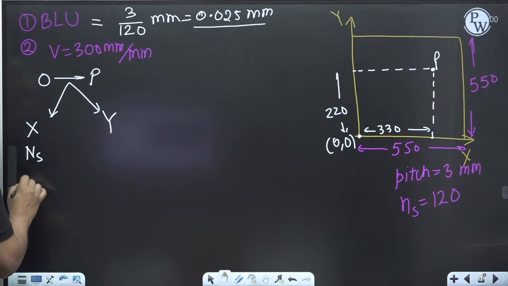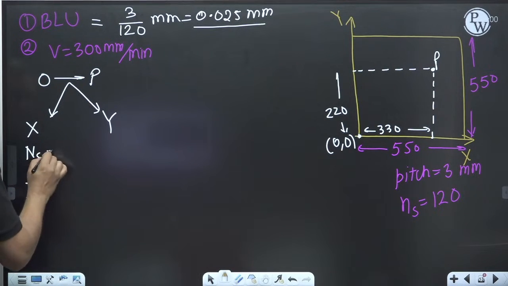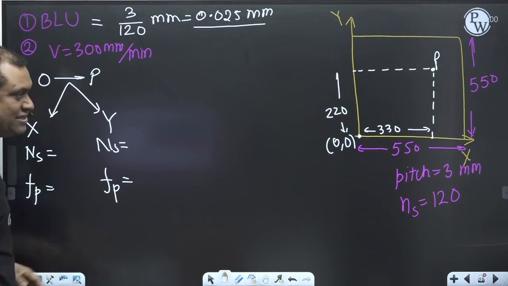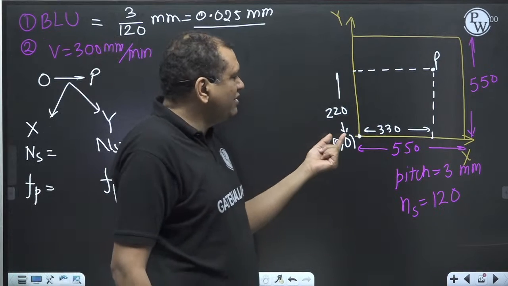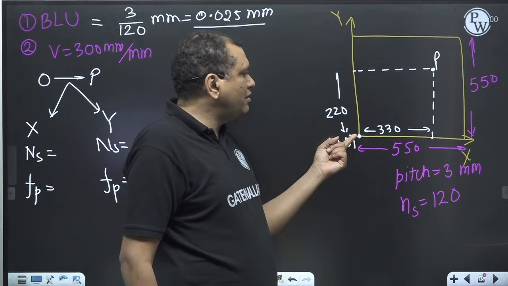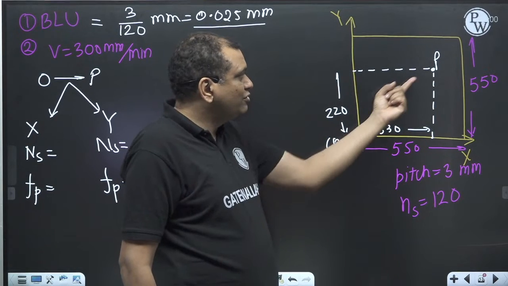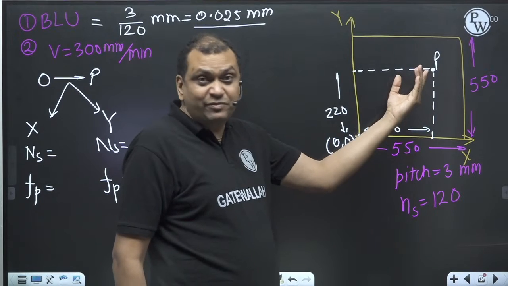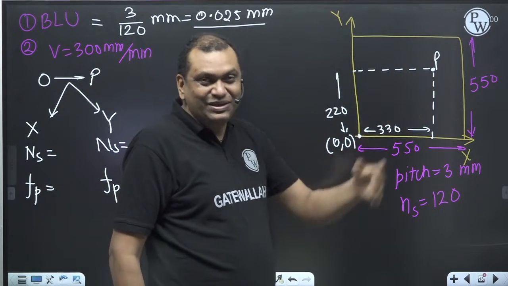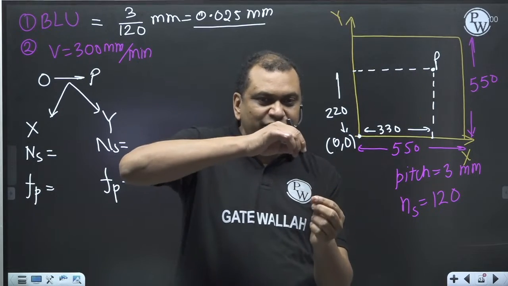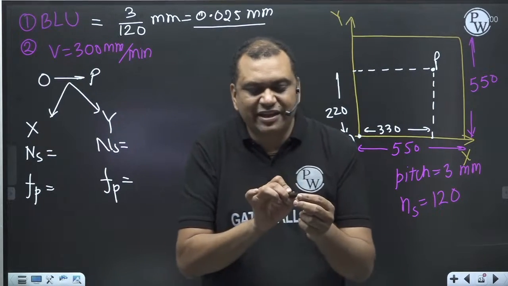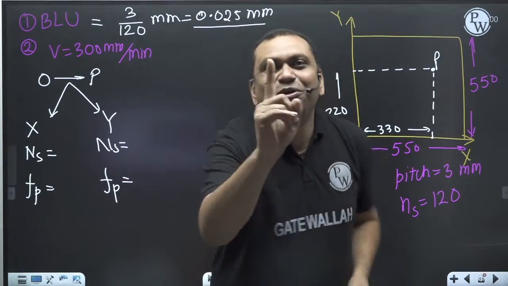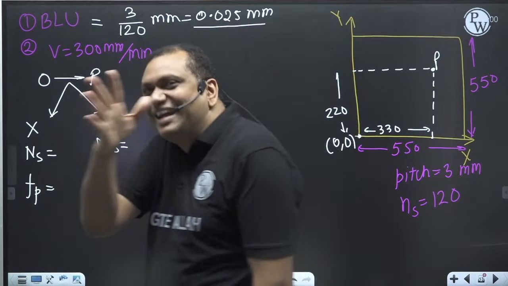What is the speed and what is the frequency of pulses, NS and frequency of pulses, for moving the stylus from O to P? Suppose I want to move along this direction, both the x and y stepper motors have to move, because when the cutter is moving along this line, the x direction motor is moving and the y direction motor is also moving simultaneously. What are these values? I want to know that.